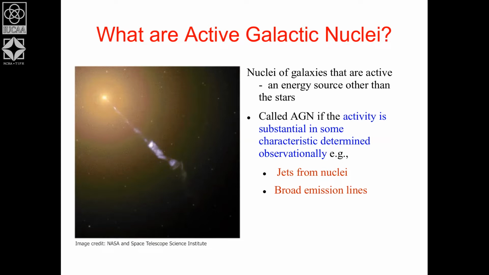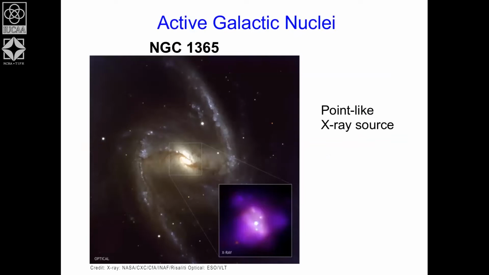In addition, there are other observations. For example, if you take the spectrum of the nucleus, then you will see emission lines in the ultraviolet bands, and sometimes you see very broad emission lines, which are not observed from normal galaxies, and that's another signature of AGN.